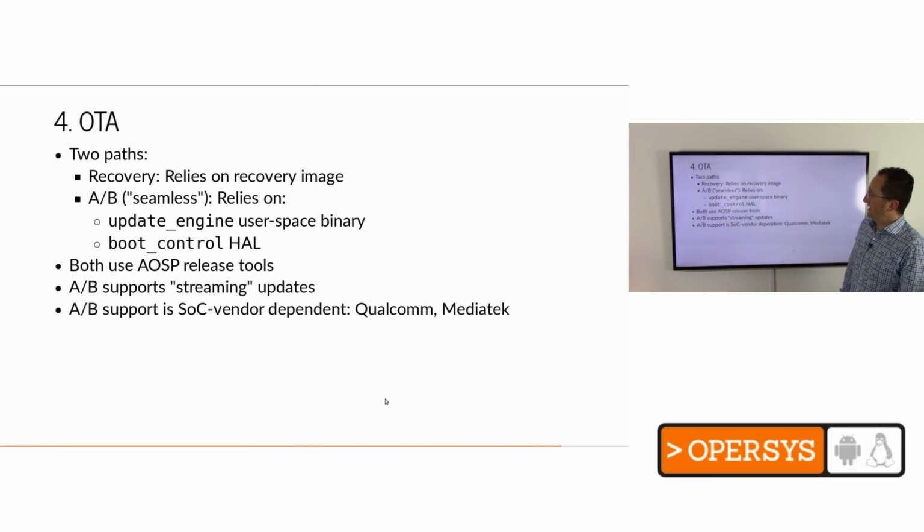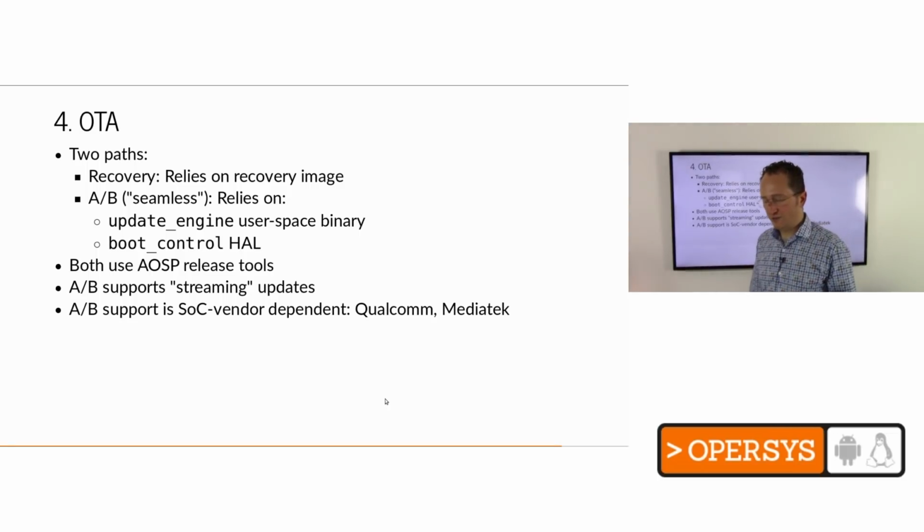Okay, OTA. So there's two main paths for over-the-air upgrades. There's the recovery mode, and in the case of the recovery mode, what happens there is you reboot into recovery, you burn the update, and then you reboot into the update.